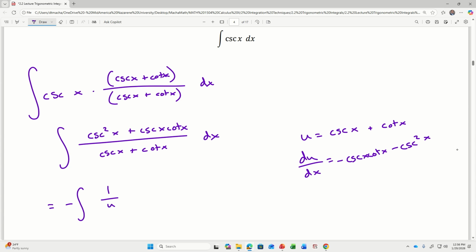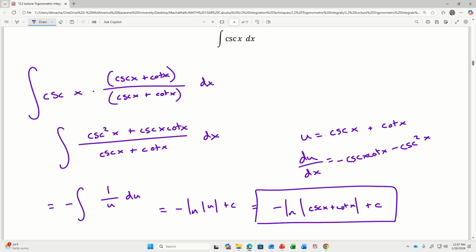And then I'm going to end up with negative natural log of u plus c, but u is cosecant plus cotangent. So it's going to be negative natural log of absolute value cosecant x plus cotangent x plus c.